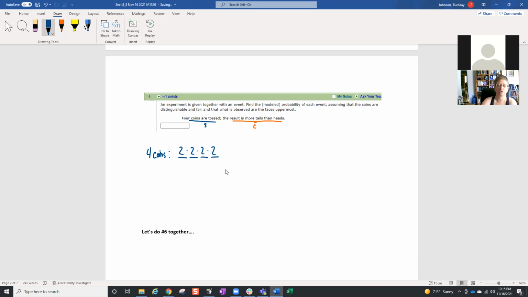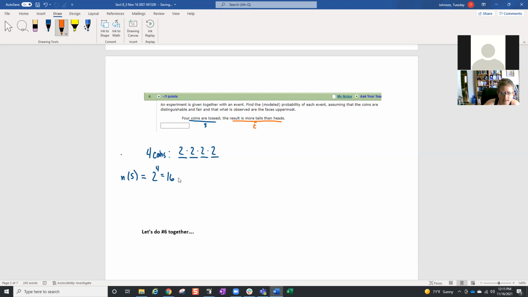This is a lot like those true false questions that we talked about with Professor Easy and Professor Tough. So two options when you flip a coin, you flip it 4 times. 2 times 2 is 4, times 2 is 8, times 2 is 16. So this will be the number in the sample space.